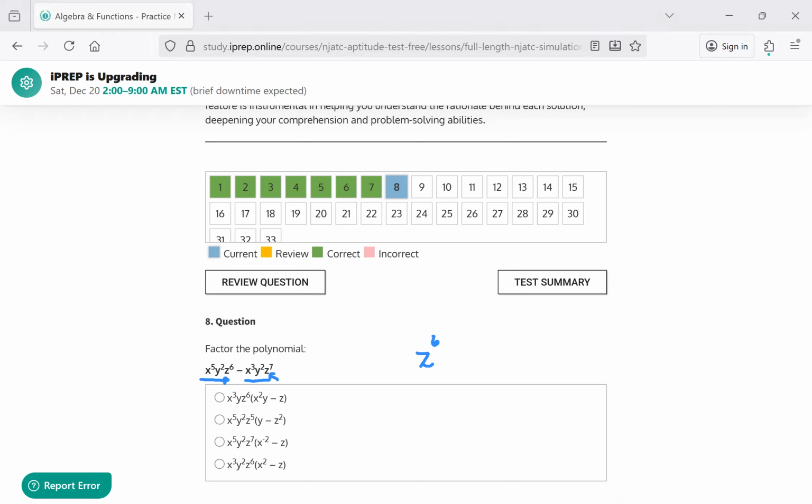From both of them. And then what about our letter y squared? We have a y squared here and a y squared there, so the largest amount of y's we can take out evenly is y squared. And then x's, we have x^5 and x cubed. So the largest amount of x's evenly would be x cubed.